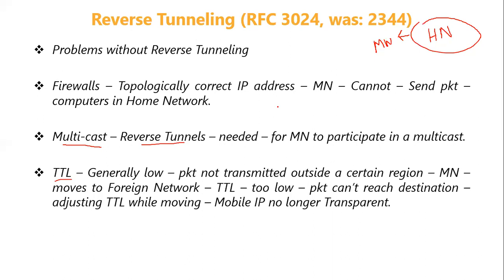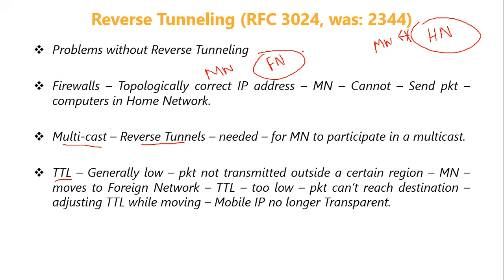But now assume that the mobile node is moving, and now it is connected to a foreign network. No more is the mobile node with the home network. Now it is connected with a foreign network, and now it wants to send a packet to the home network.